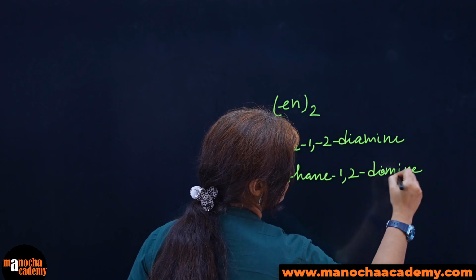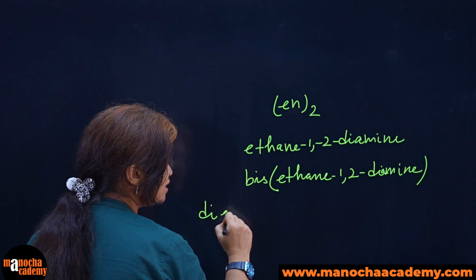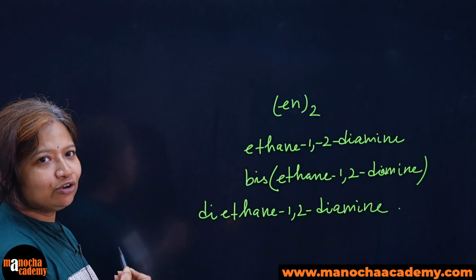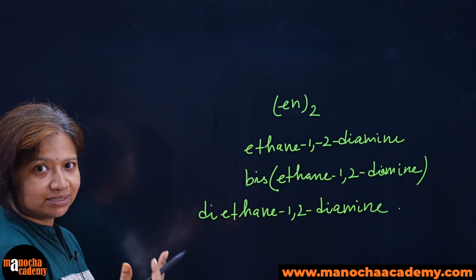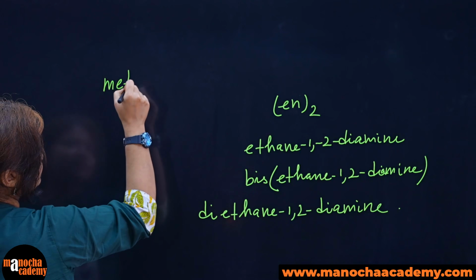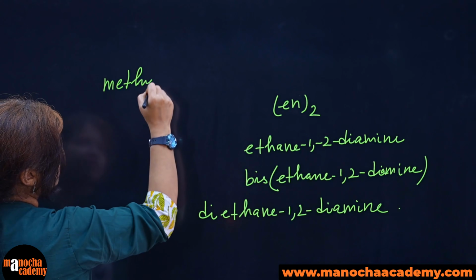Of course, there should be a reason behind it. If I write here di, then I write ethane 1,2-diamine, diethane 1,2-diamine can still be considered. What about methylamine, the one we discussed before?